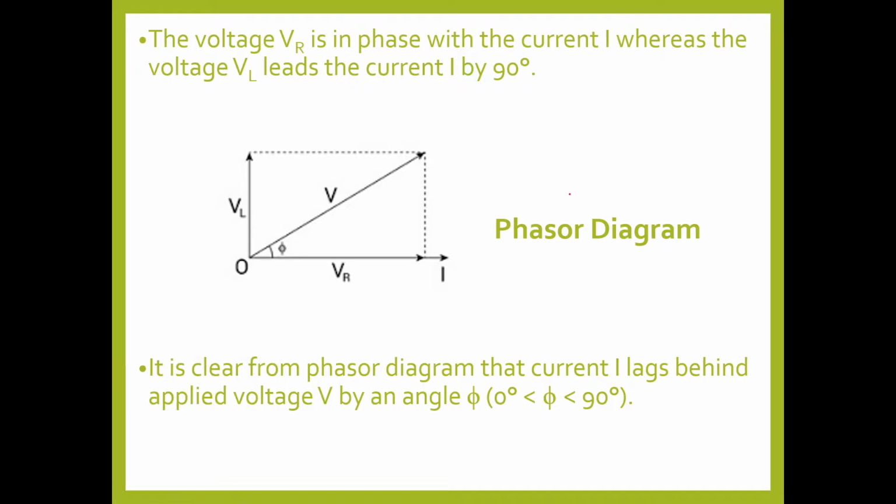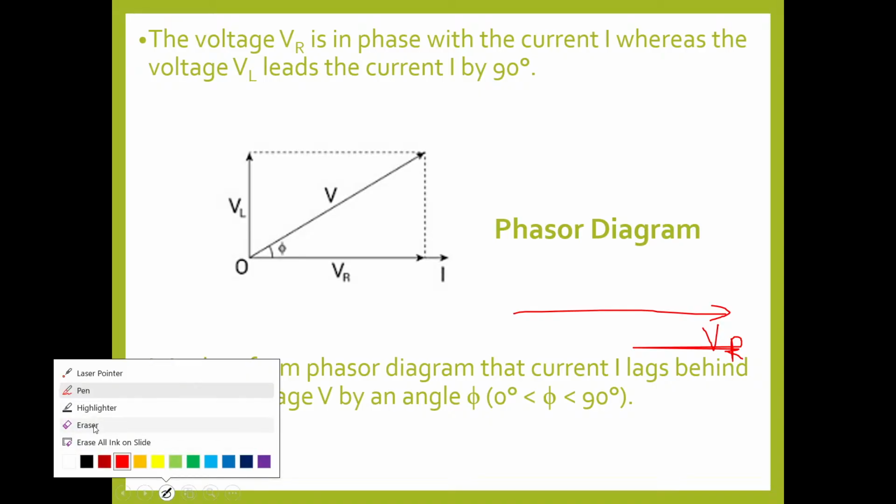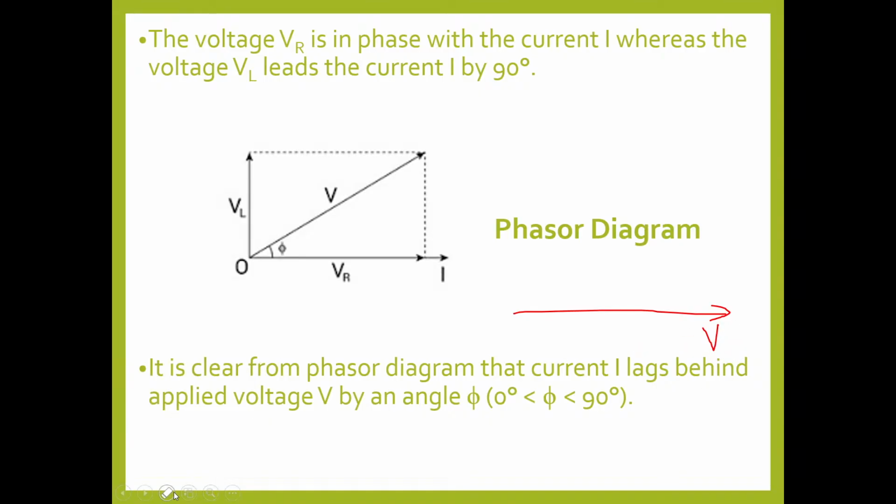We already know that the voltage across a resistor is in phase with current, so VR is in phase with current I. For an inductive circuit, current lags inductive voltage VL by an angle of 90 degrees, isn't it?